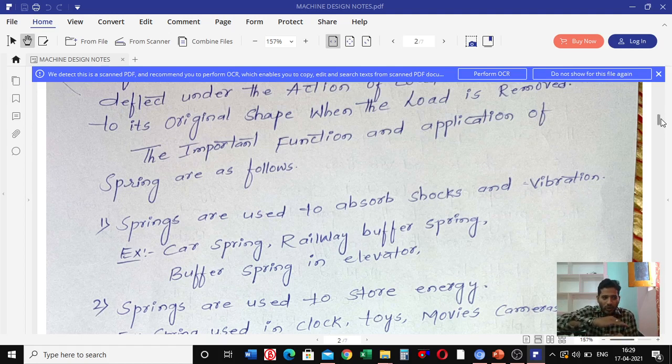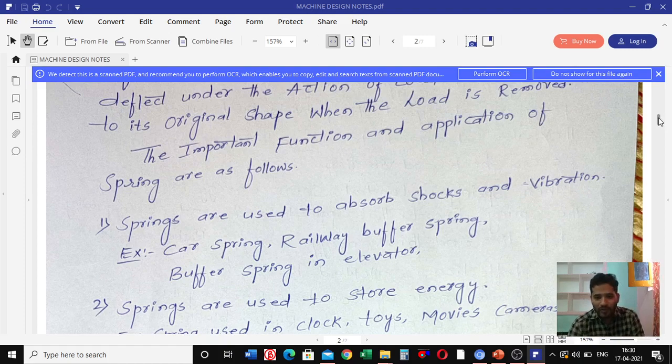Due to the applied load, it absorbs the energy with corresponding deflection, and this can be released. If you release the load on the spring, the deflection is allowed to vanish. Is it right? So this means that springs are mainly used to store energy.